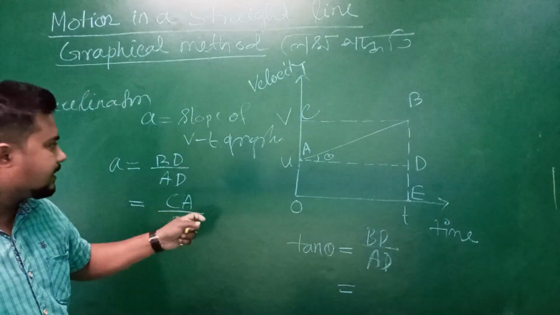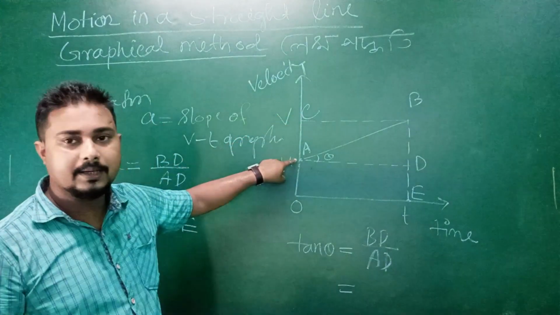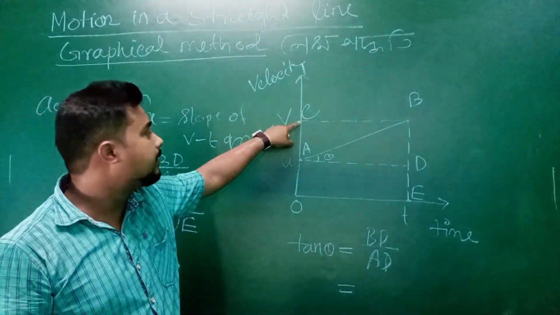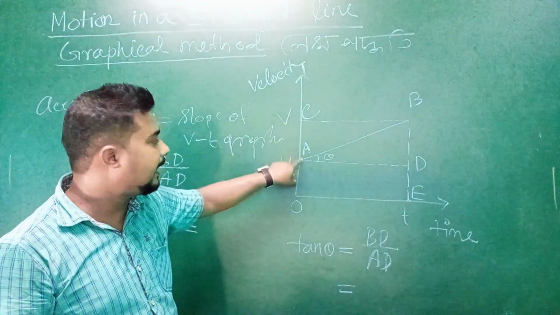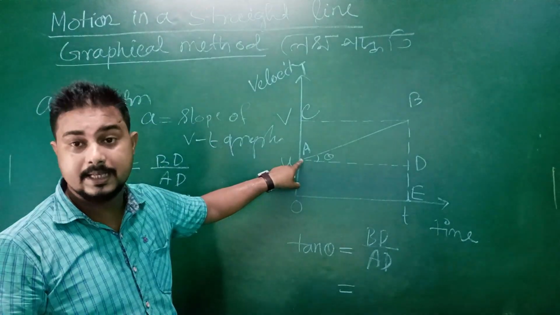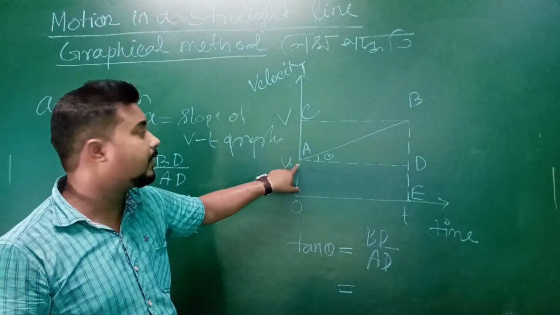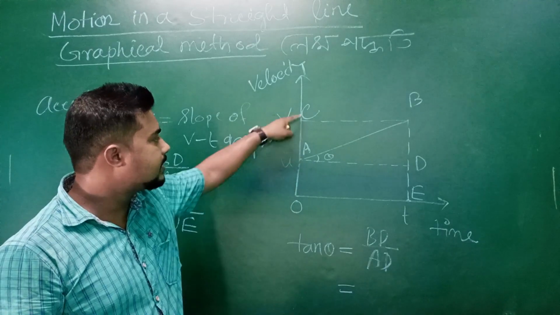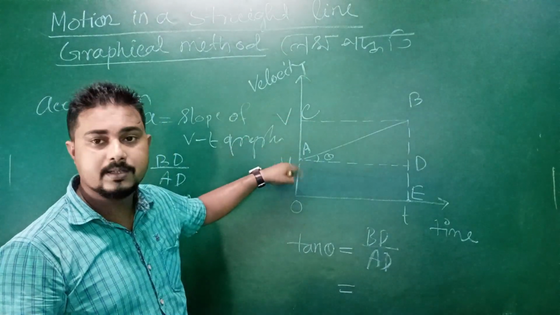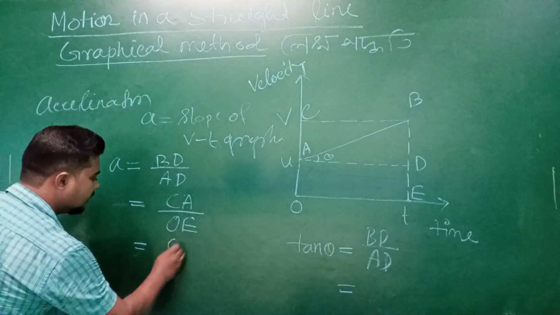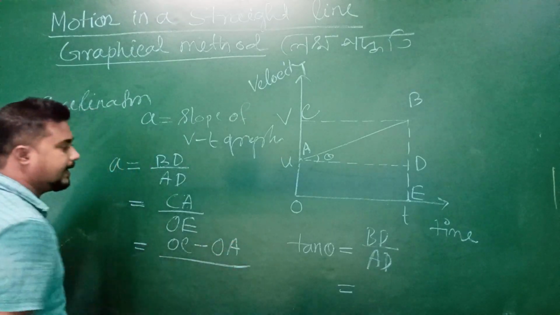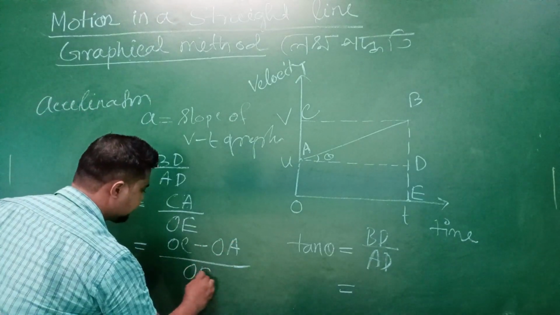Now CA is equal to, at point C the velocity of the body is V, and at point A the velocity of the body is U. So CA is equal to OC minus OA, divided by OE.